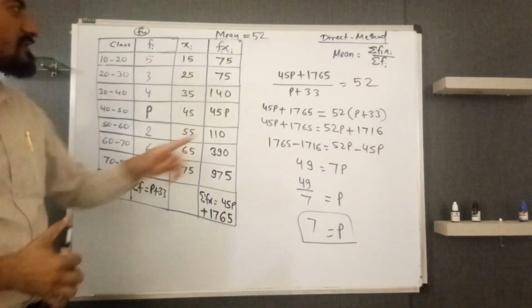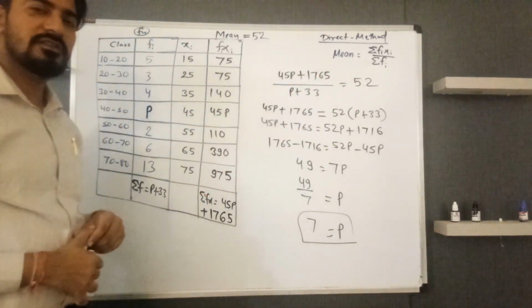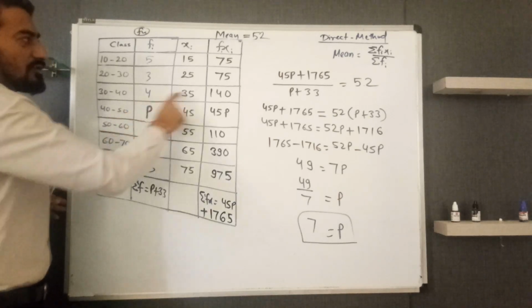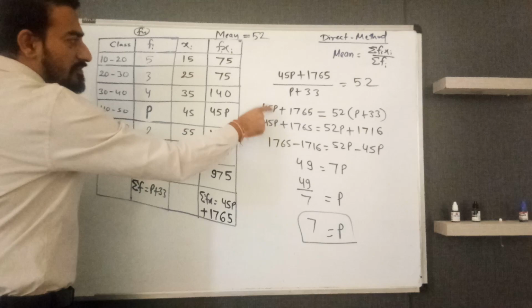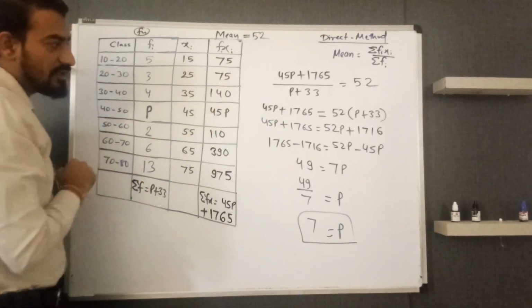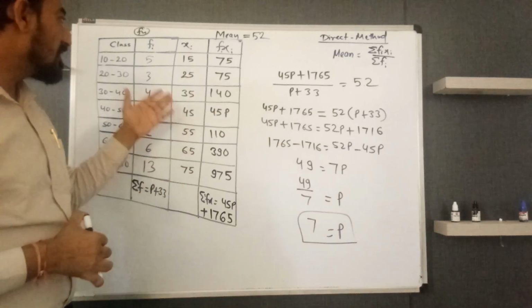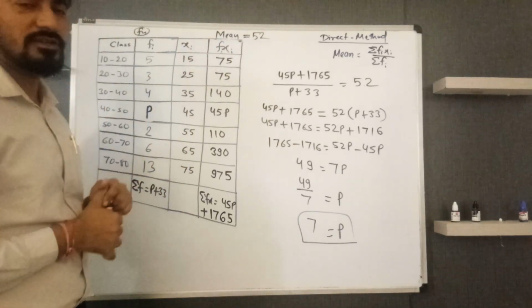Then place the value. Then solve the equation. So in this we have one missing frequency, so you will have a linear equation in one variable. We have only one variable. We have to find it. So this is the method to find missing frequency by following direct method.